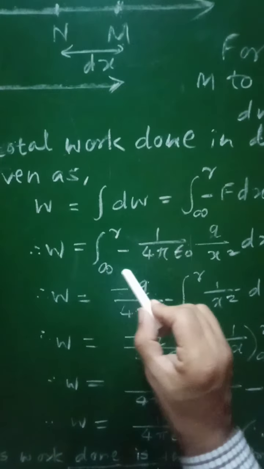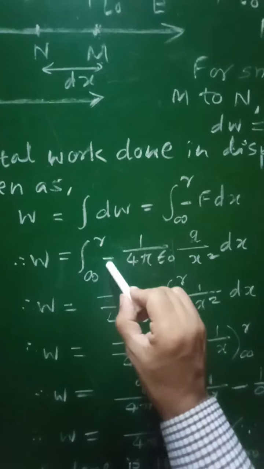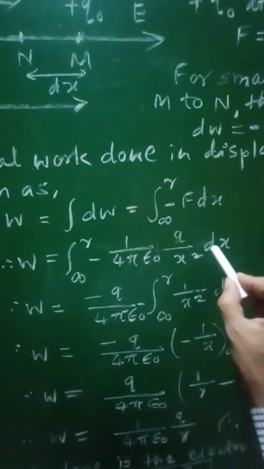Therefore W will be equal to integration from infinity to R of minus 1 upon 4 pi epsilon 0 Q by x square into dx.